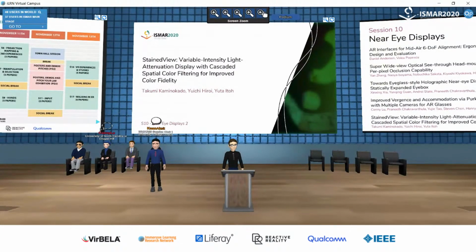Perhaps I can start with the first question, Takumi. I see that this display can help you generate at least a block, a wider range of color gamut. But in different illumination cases, like indoor illumination and outdoor illumination, the wavelength of light that you can find in these illumination vary quite a lot.